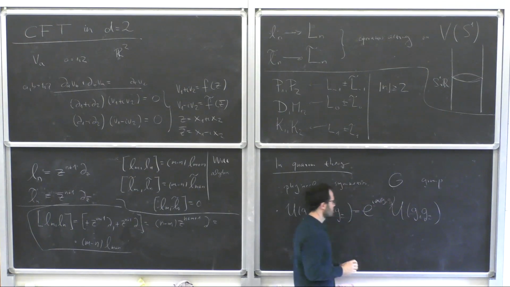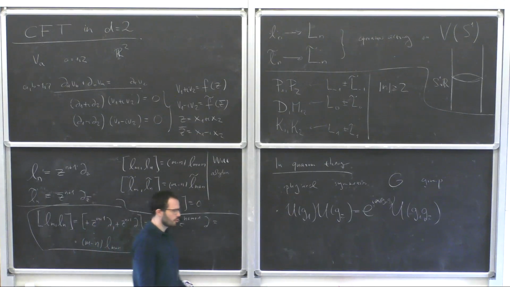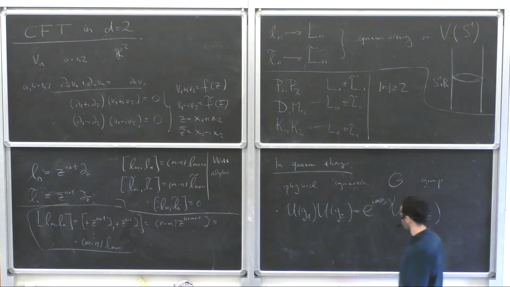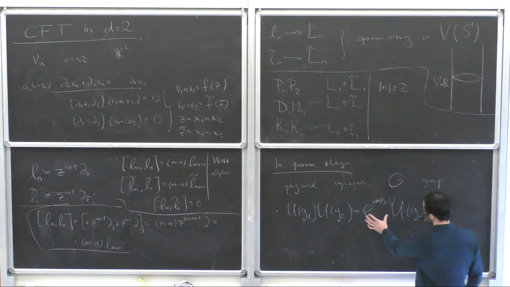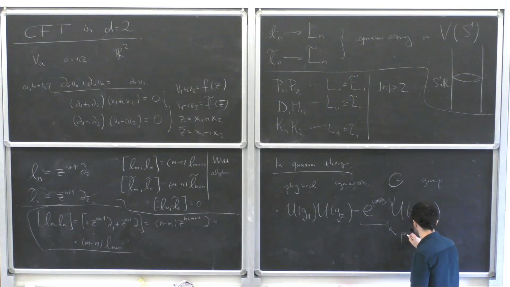This is because physical states in quantum theory do not correspond to vectors, but rather to rays of vectors. So if you multiply a state by any complex number, you're going to get the same state, which is why we are allowed in quantum theory to have this extra factor, making the representation a projective representation.